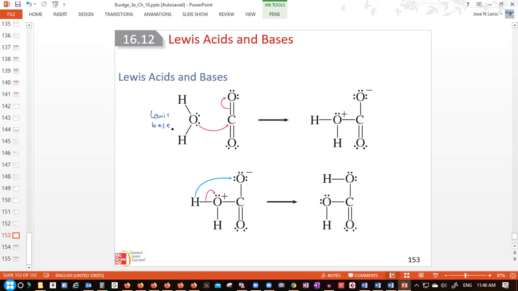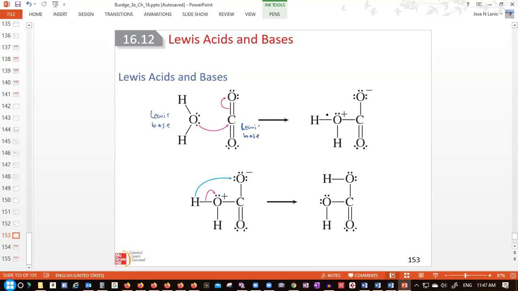Because a Lewis base donates a pair of electrons. Since this carbon is the one receiving the pair of electrons, this is carbon dioxide, that will make carbon dioxide a Lewis acid. So that's one good example of a Lewis acid and base reaction.